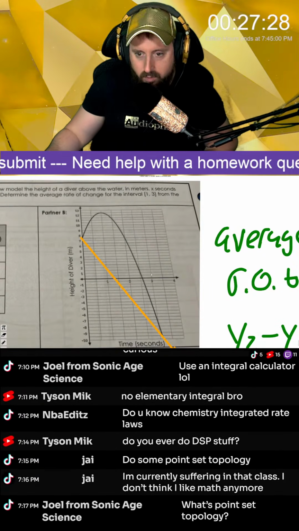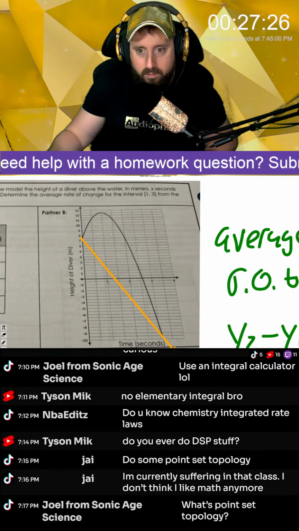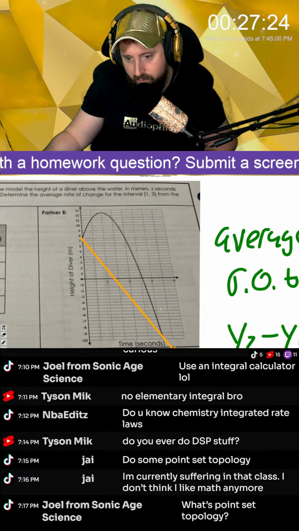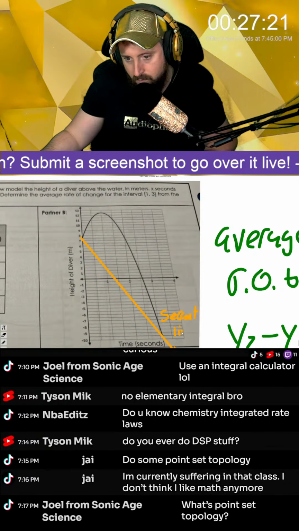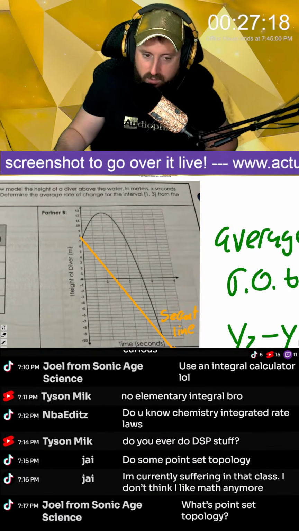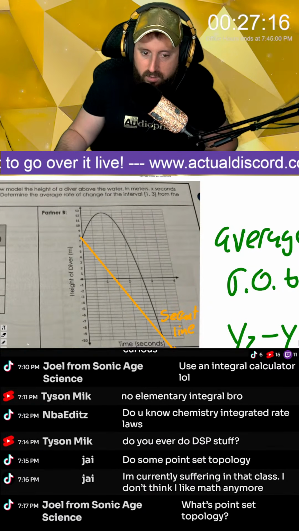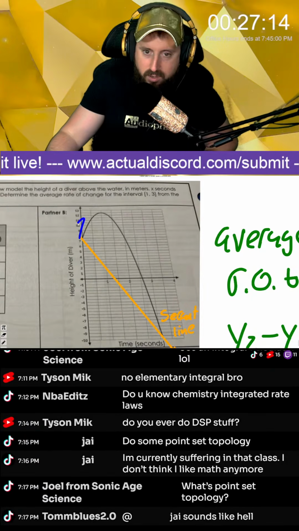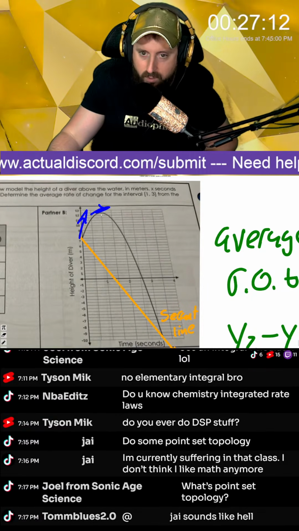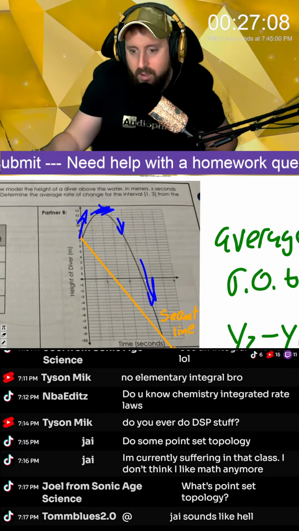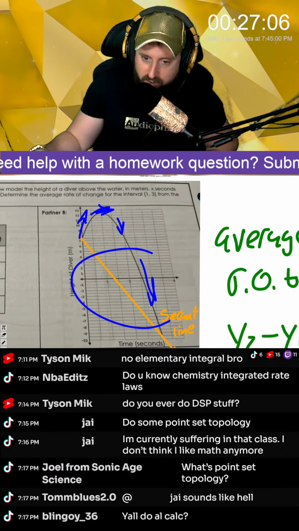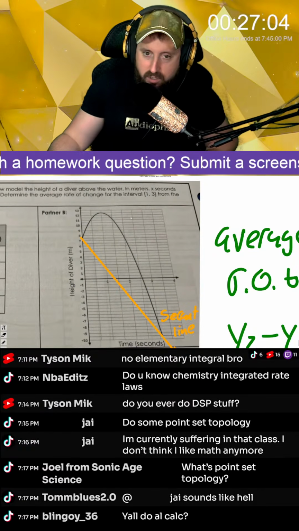This right here, going from 0 to 3, is called the secant line. And that's the average rate of change, which kind of tells you we were going up, we were not going up, we were at 0, we were going really far down, then we were going really far down. But on average, this is what happened. That was our average rate of change.